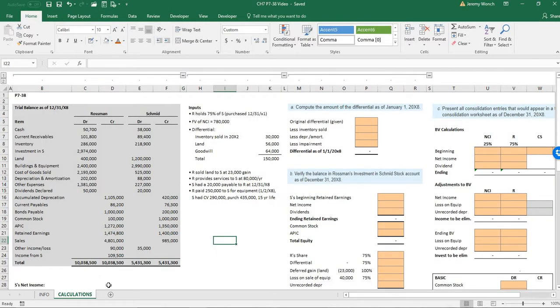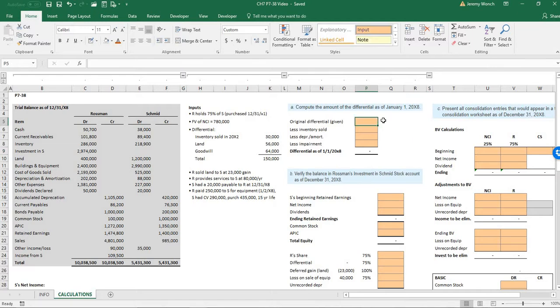So if we go over to the calculations tab, I brought over the trial balance to make it a little bit easier to calculate numbers, and then we just summarized, like we usually do on the board, some of the data from the problem. And so if we go here to part A, we want to calculate what that differential is today.